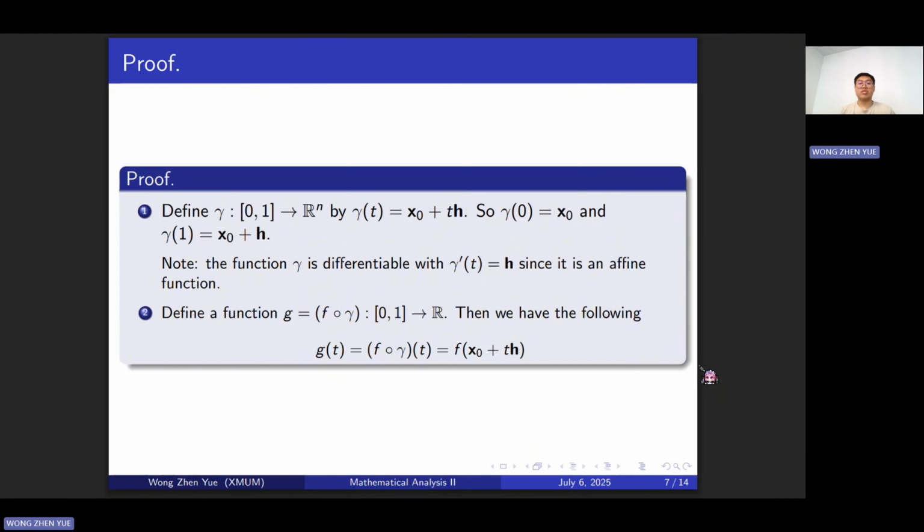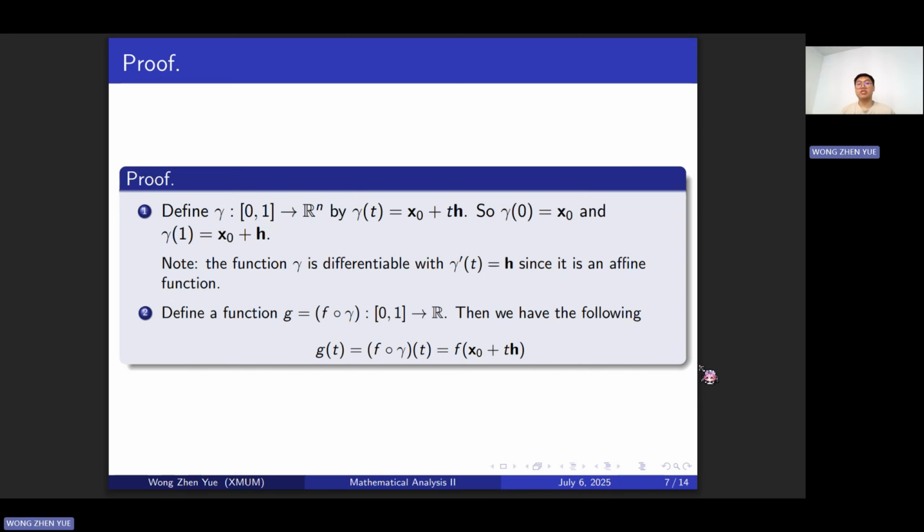So we start by defining a function gamma from the closed interval [0, 1] to R^n by gamma of t equal to s0 plus th. So we can see that gamma of 0 is equal to s0 and gamma of 1 equals s0 plus h. And note that the function gamma is differentiable with gamma prime of t equal to h.